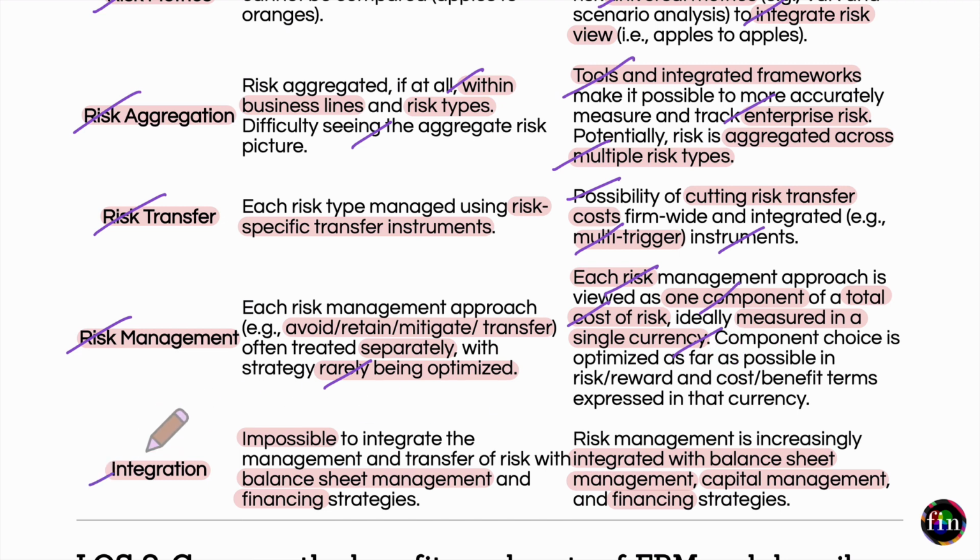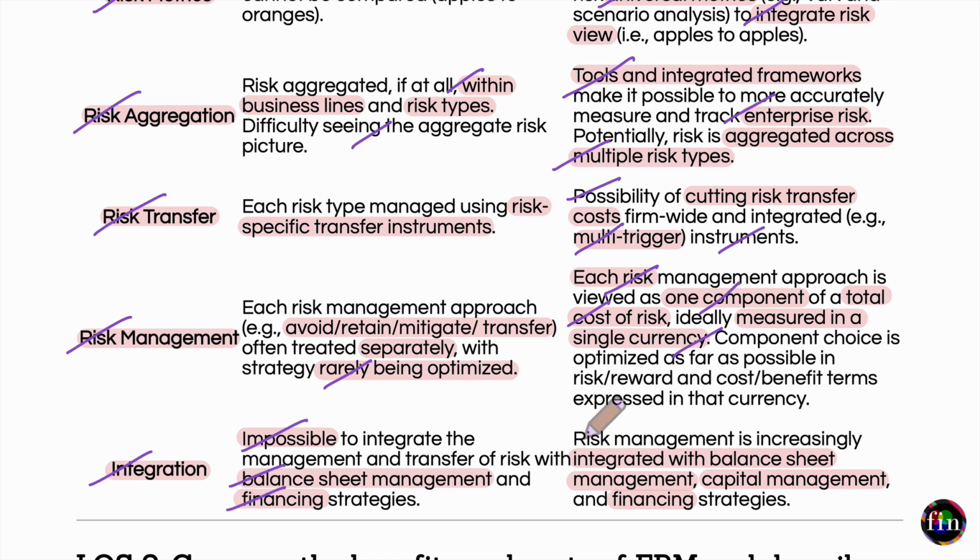The last aspect of differentiating between traditional and ERM is about how risk management integrates with other strategies of the firm. When you talk about traditional risk management, it is impossible to integrate risk management with other strategies and activities such as balance sheet management and how the firm finances itself.